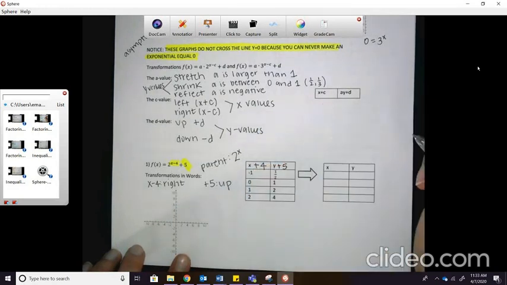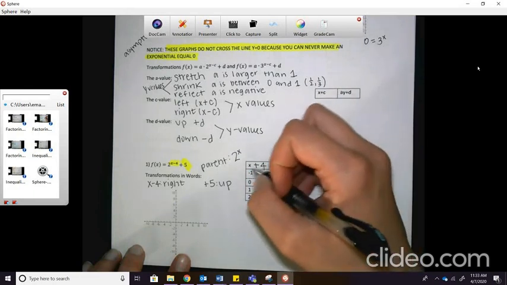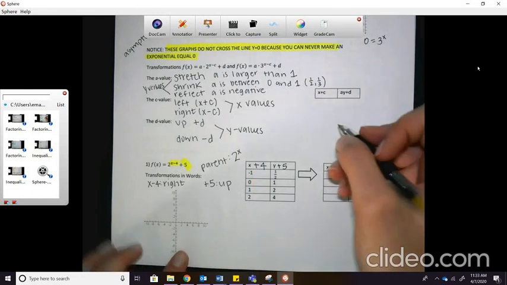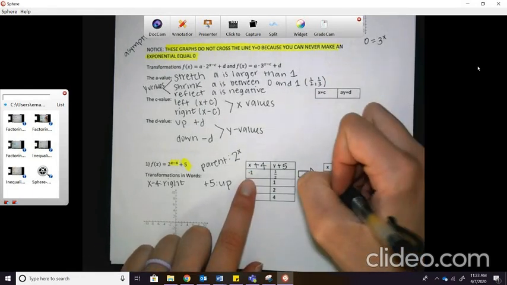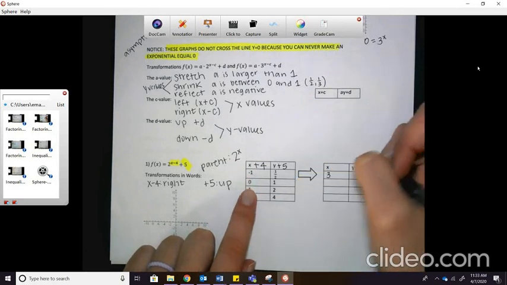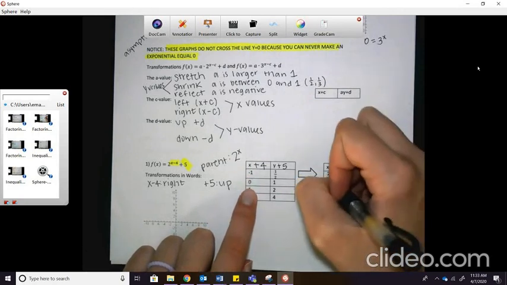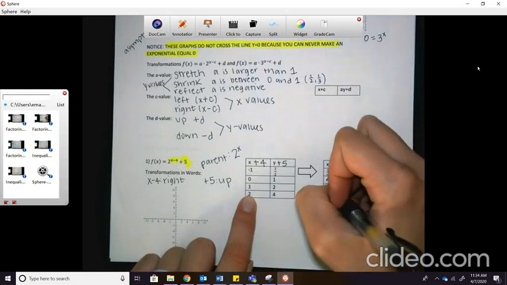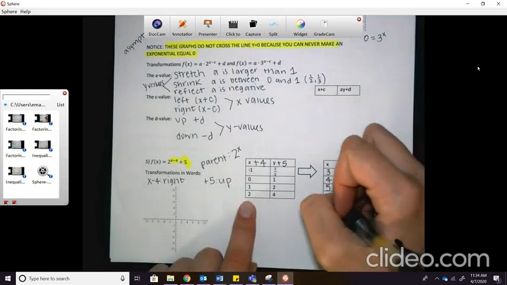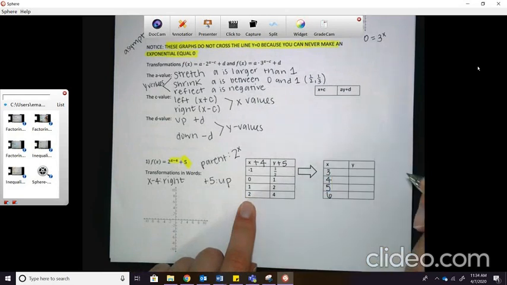So this transformation, here's what happens. If I take all of my x's and I add 4, negative 1 plus 4 is 3. 0 plus 4 is 4. 1 plus 4 is 5, and 2 plus 4 is 6.